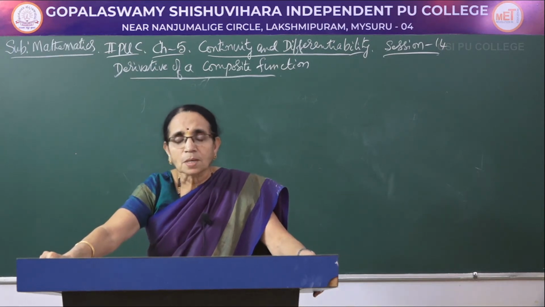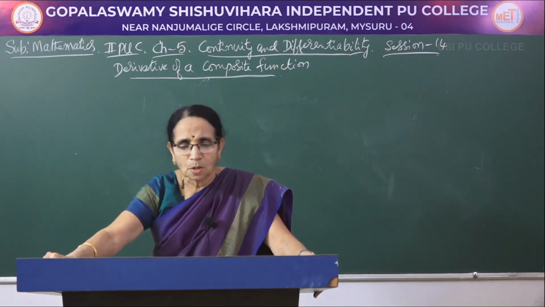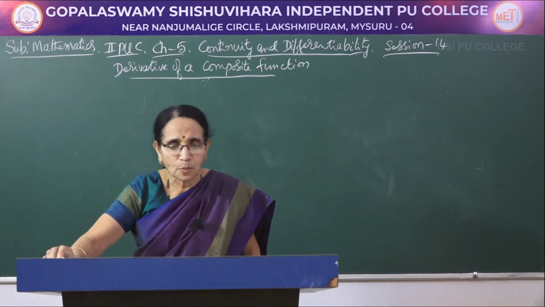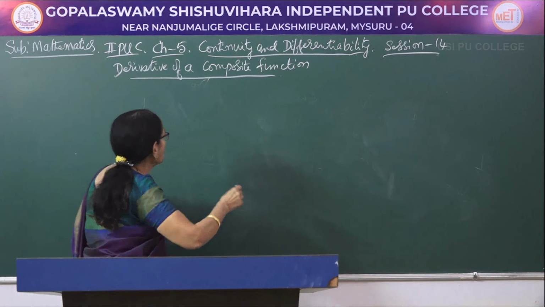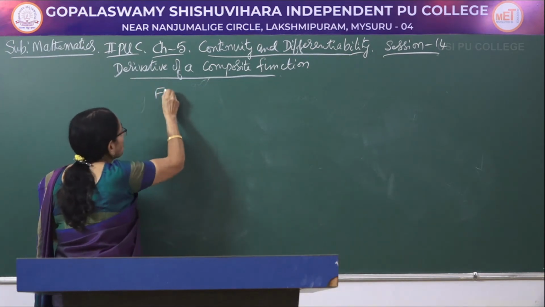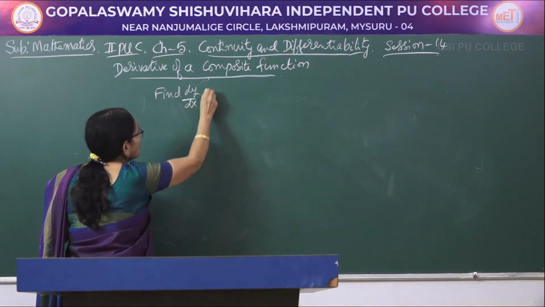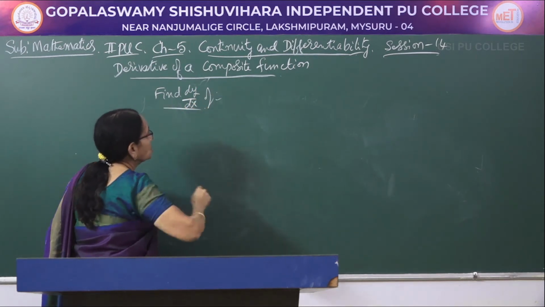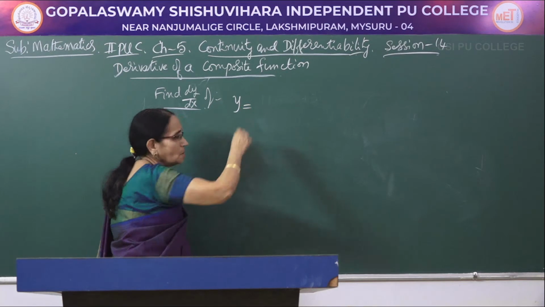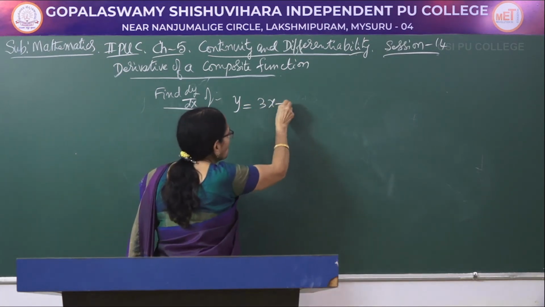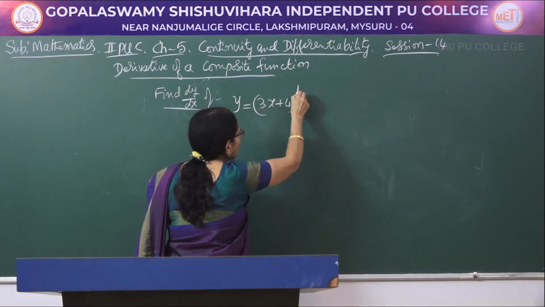Now, let me work out some problems today, in which I will be considering all types of problems. First problem: find dy by dx of the functions. Let me take the first problem. Let y be equal to 3x plus 4 to the power 10.